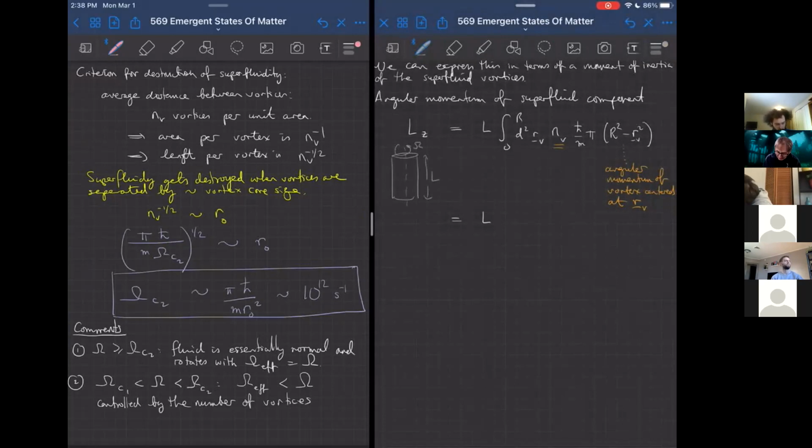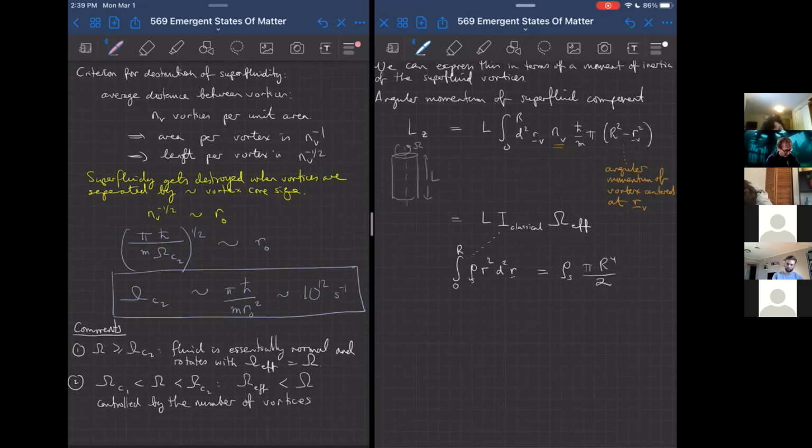So this is L times the sort of classical moment of inertia times omega effective, and this I classical is just the integral of rho s r squared d² r over the area of the bucket, and this you can just work out is rho s times pi r to the fourth over 2.